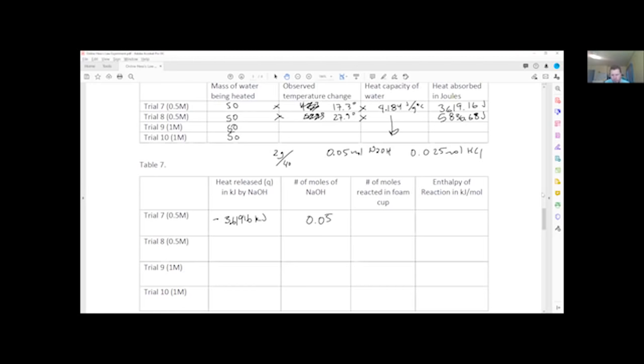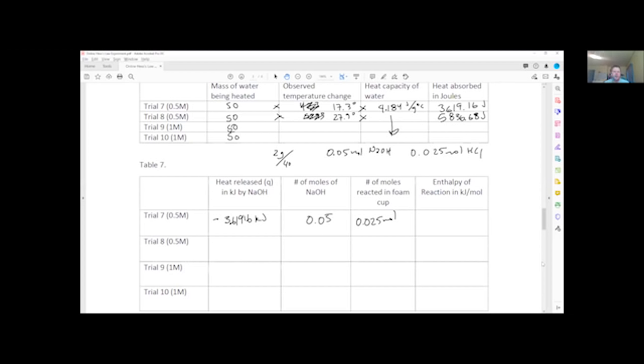But let's think about this. We had 2 things going on here. I'm just going to go ahead and write in the 0.025 moles because one thing taking place was the neutralization reaction.